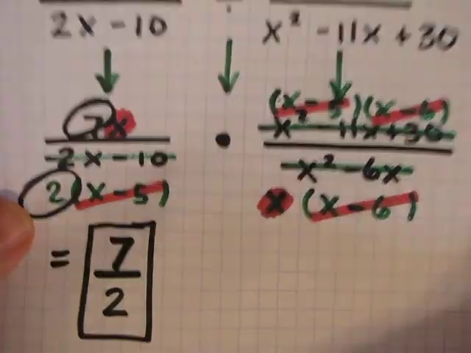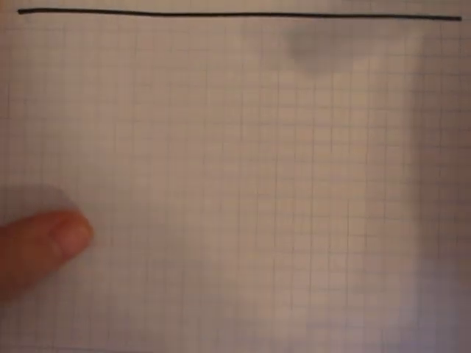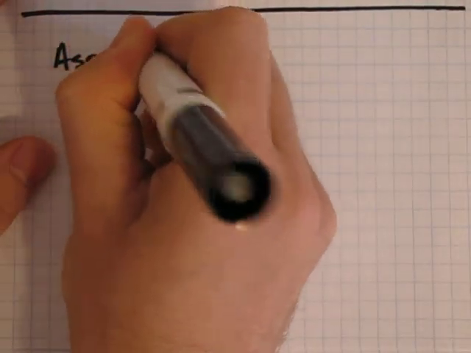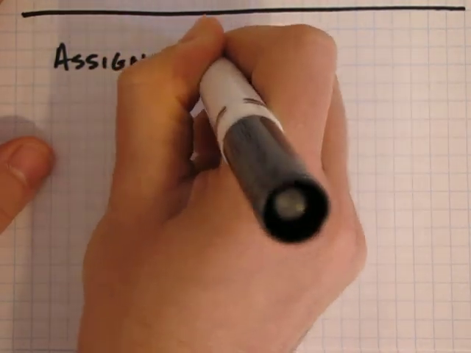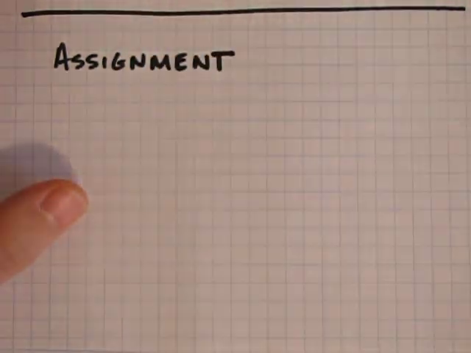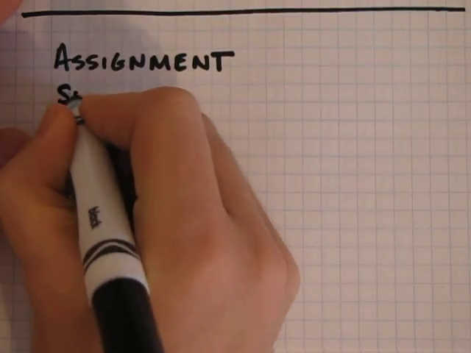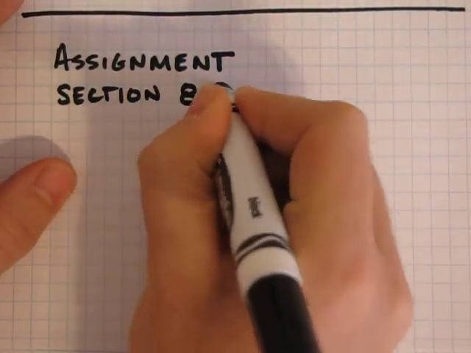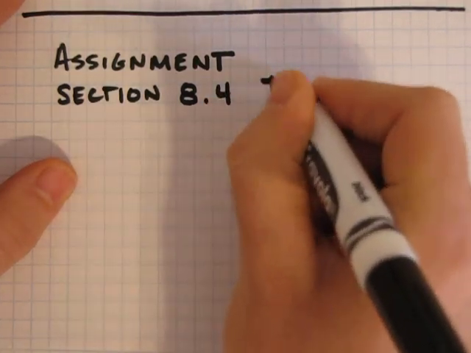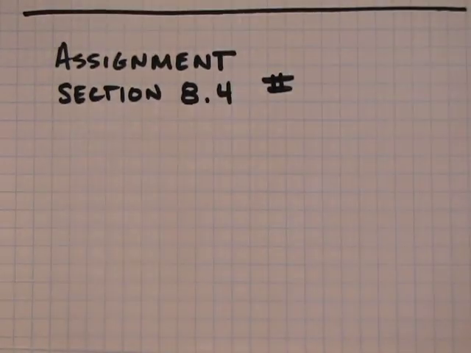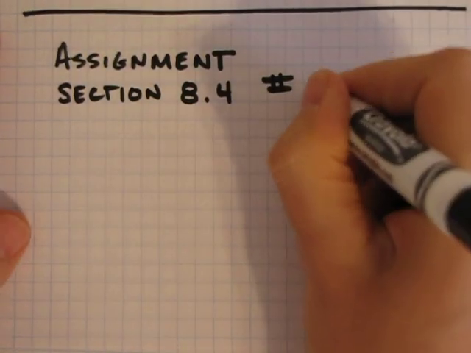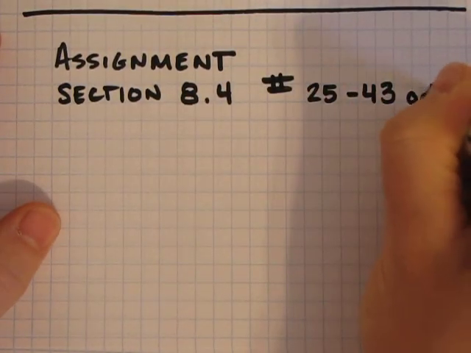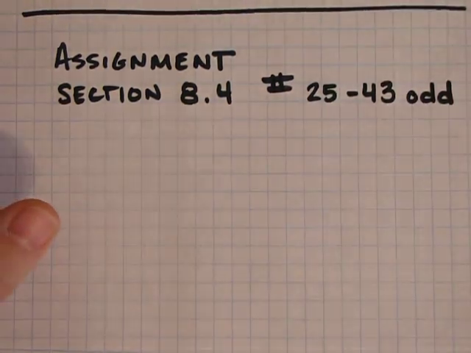So that concludes our lesson for today. Your assignment, which is going to be due at the bell, is going to be section 8.4, numbers 25 through 43 odd.